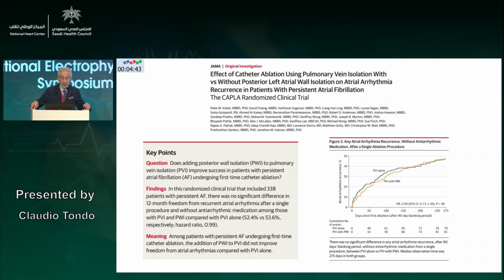But obviously, nothing is clear, and we need to admit that data from the Kaplan randomized clinical trial has recently shown that adding posterior wall isolation to pulmonary vein isolation did not improve the success rate compared to PVI alone.